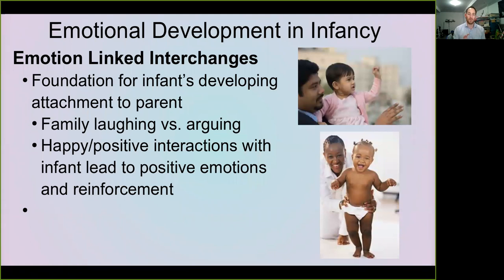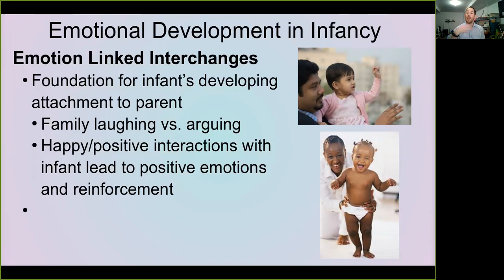The foundation for developing an attachment to parents is found within a lot of emotions. So families that are laughing together versus arguing together, happy and positive interactions will lead to more positive emotions and a reinforcement about those positive things. Some researchers have called it a positive upward spiral.